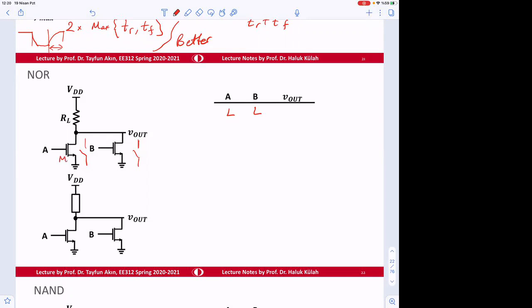Let's say this is MA, this is MB. This is going to be off. This will be off. What about output? VDD. Yes, so it's going to be high, basically.